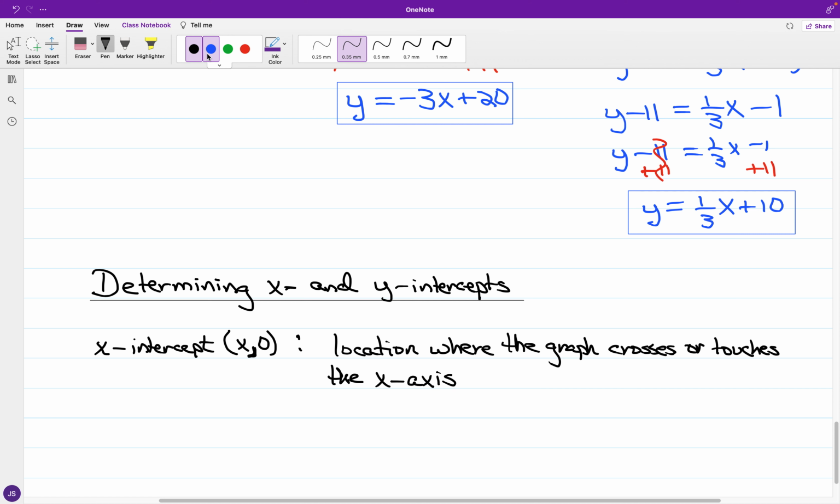And if you had to specify the coordinates, in an equation, you're going to set y equal to 0 and solve for x.